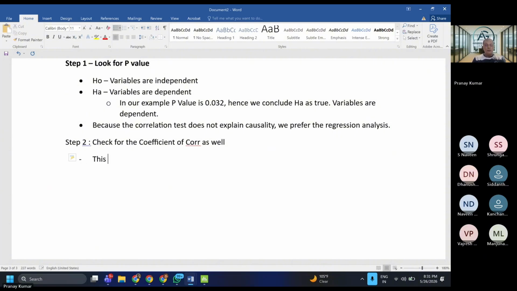This value hovers between -1 to +1, with 0 in between. Meaning negatively or positively correlated, either way dependent or not. We call it the R value. An R value around -1 will mean negative correlation.